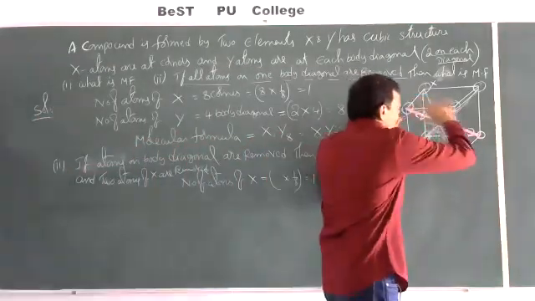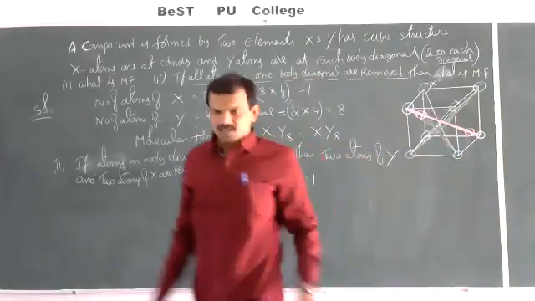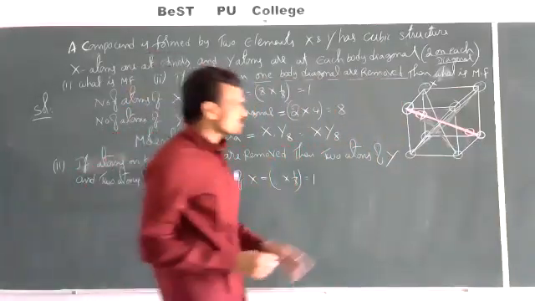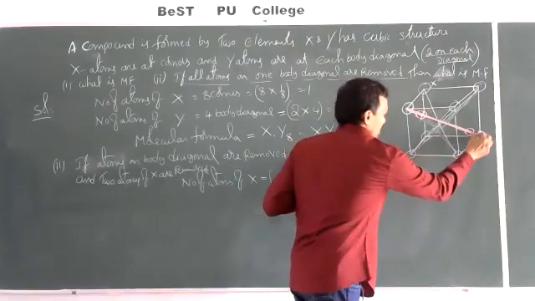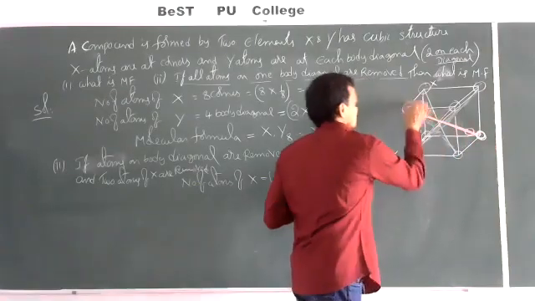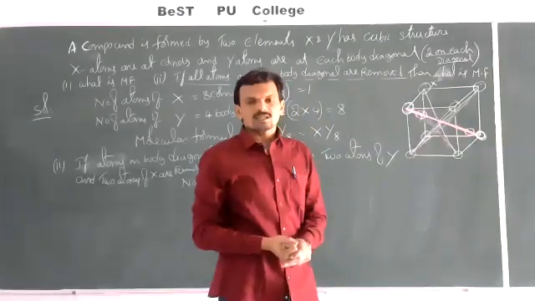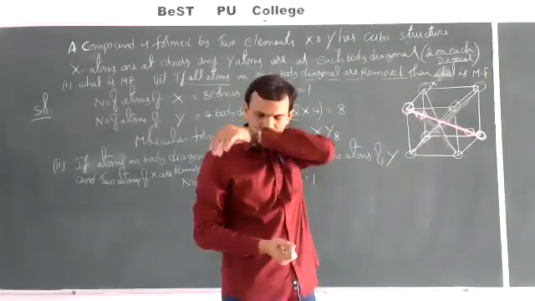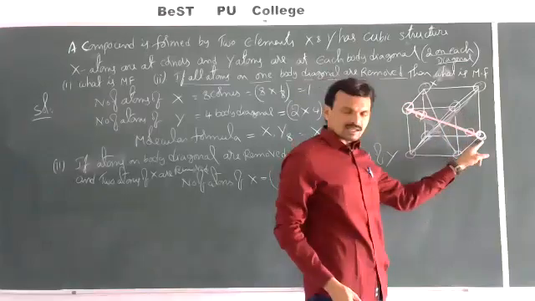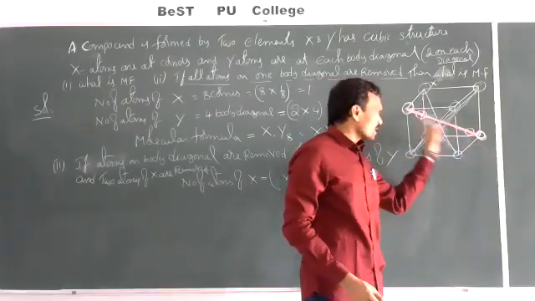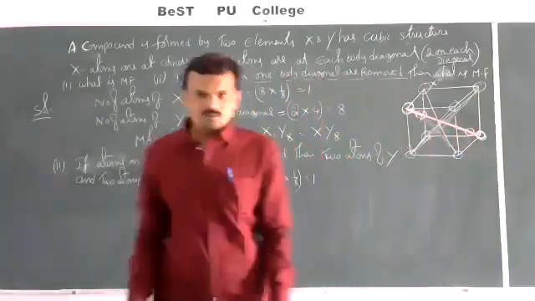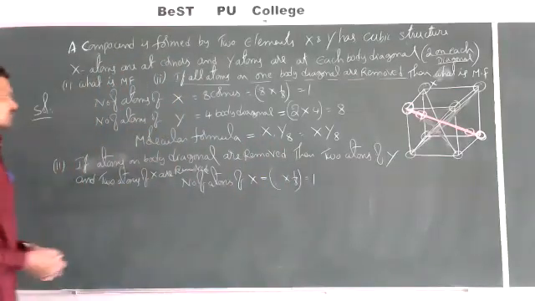See, if all the particles on one body diagonal are removed, what does this body diagonal contain? The body diagonal contains 2 corners and 2 particles inside the cube. That means 2 corner particles and 2 diagonal particles are removed. That means 2 atoms of X and 2 atoms of Y are removed.